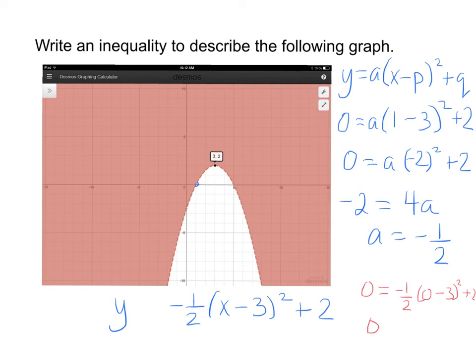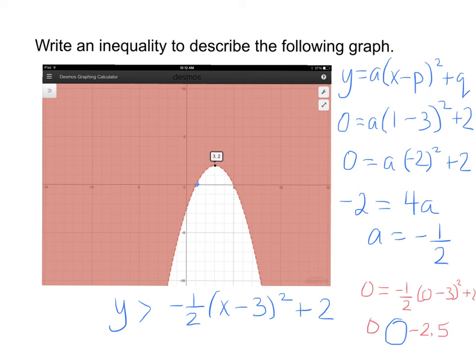That comes out to -2.5, and I need to decide what symbol should go in here. Is it a greater than or less than? Is 0 greater than -2.5 or less than -2.5? And it's greater than, so I'll put a greater than symbol in here.